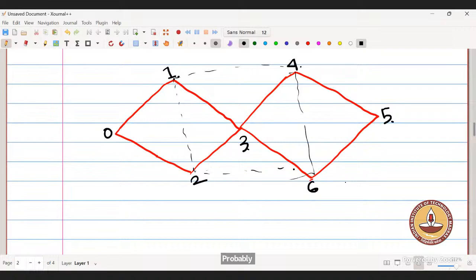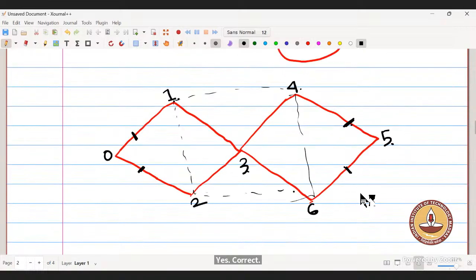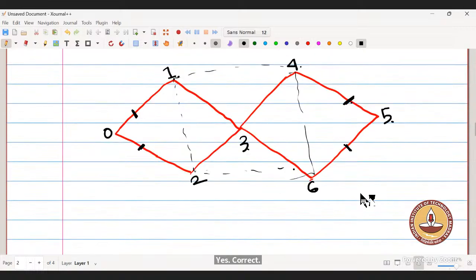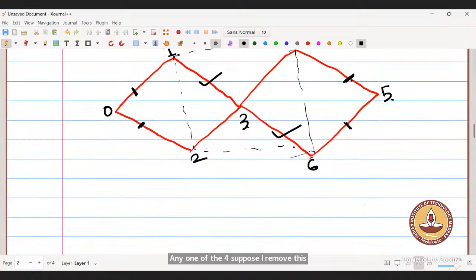At the same time, I can remove any one of these 4 edges. Suppose I remove this one and this one. What will I have? I'll have this graph, right?